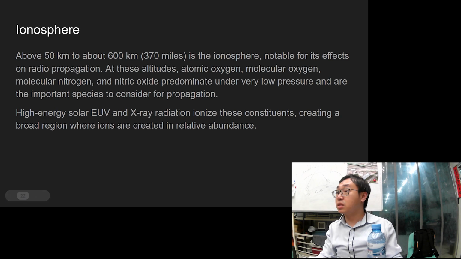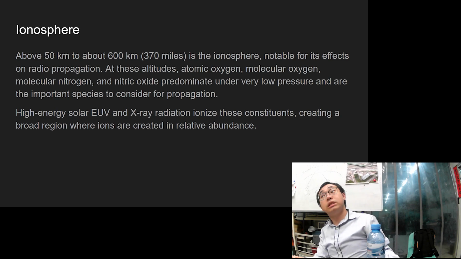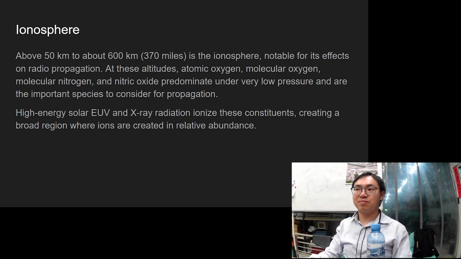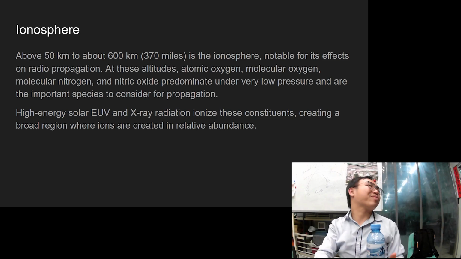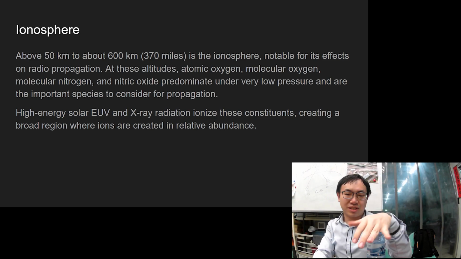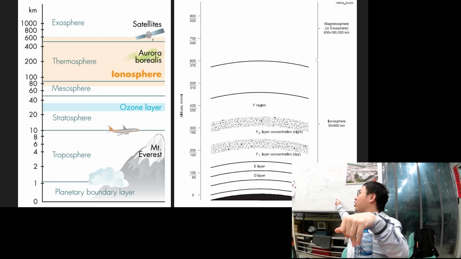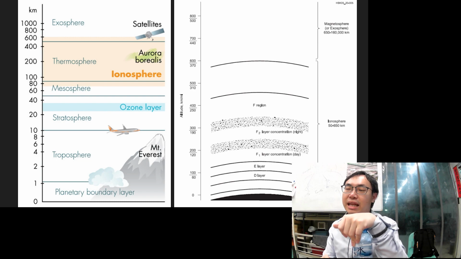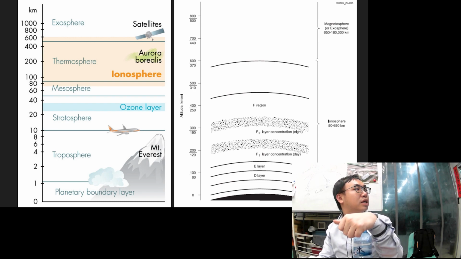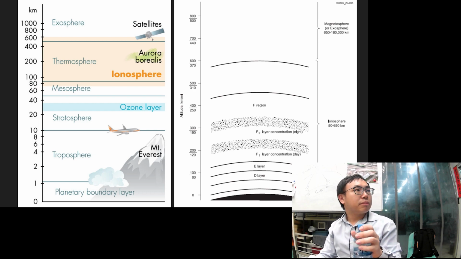That's why they have a broad region where ions are created in relative abundance. That's why it's called ionosphere, because they have a lot of ions. Simple as that. Okay. Of course, in your exam, it's not that simple. I'll give you the general picture. In the atmosphere, there is a layer called ionosphere, which has a lot of UV. Okay.